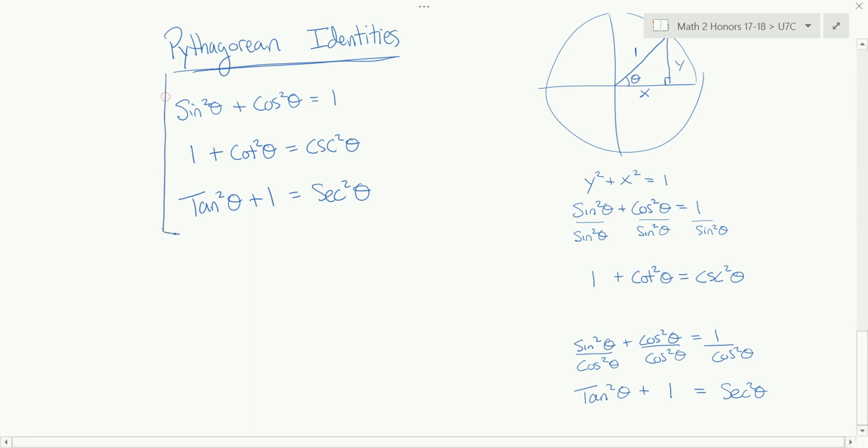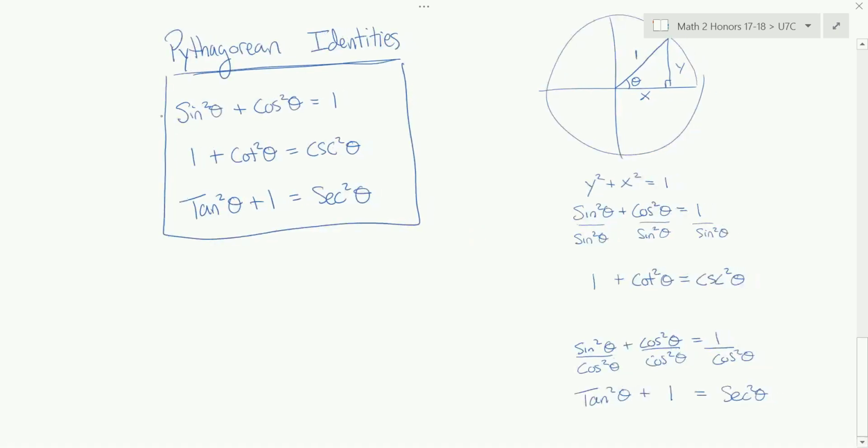You also want to know other variations of these identities, meaning if you take one of them, you can rewrite it in different forms. So like I could solve the first one for sine squared, and I get sine squared theta is equal to what? If I subtracted cosine squared from both sides of the equation, I'd get 1 minus cosine squared theta.